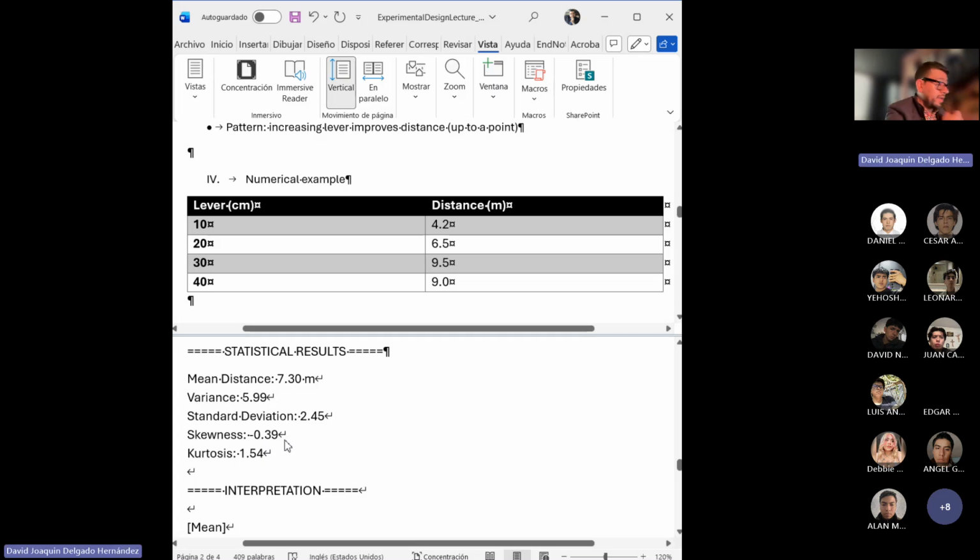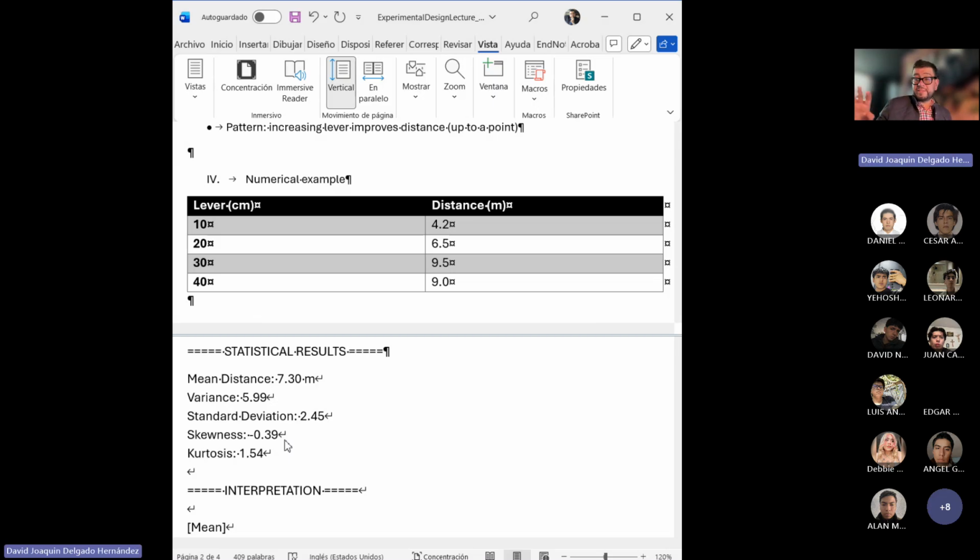And here the skewness is minus 0.39. When you have a negative skewness, it means that the data is concentrating at the right of the graph, okay? And if you have a positive skewness, that means that the data is concentrating at the left of the graph, okay? And the kurtosis measures if you have a sharp peak in the graph.